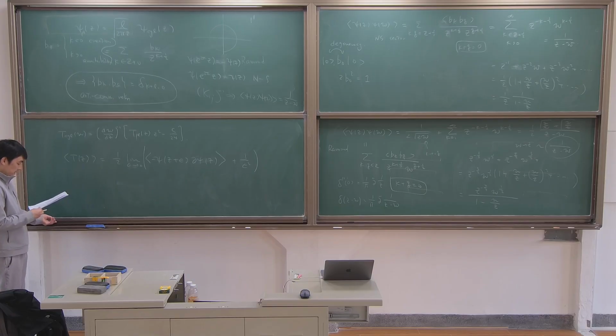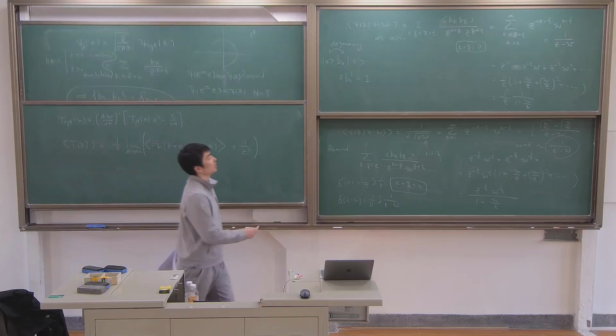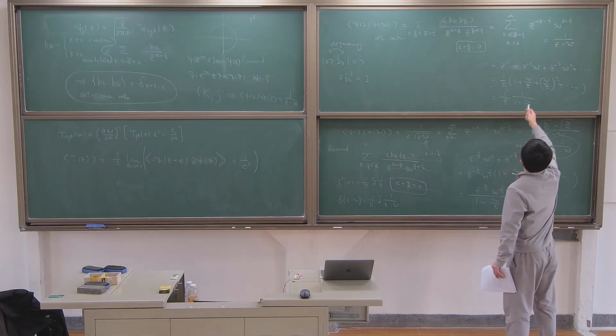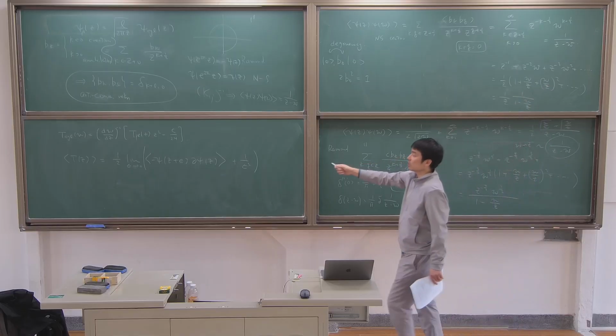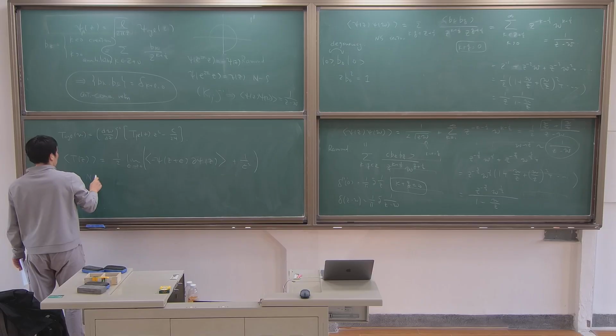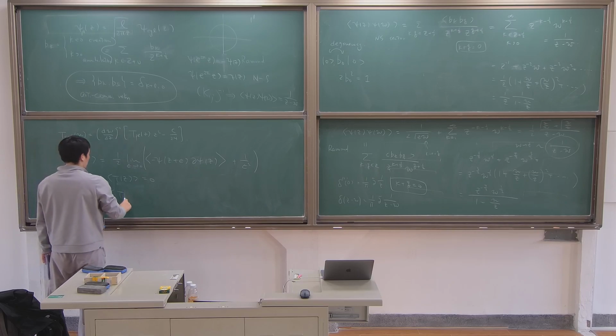And so the Ramond case is just plug this one, plug that one into here, so it's just 0. So in this case T of z is equal to 0.